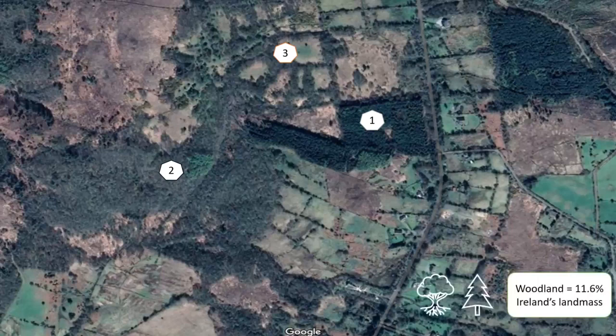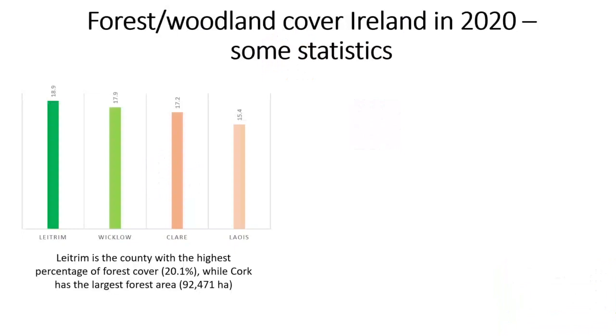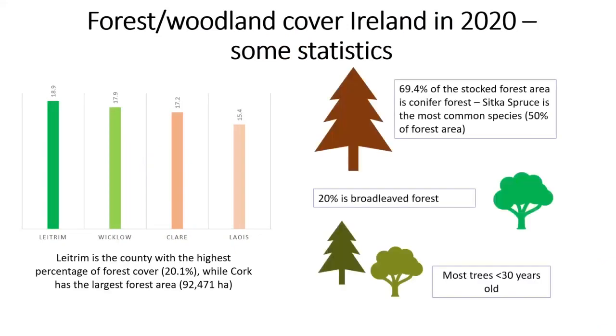In Ireland, only 11% of our landmass is characterised as woodland, and that includes plantation woodland and semi-natural woodland. There's a wonderful document called Forest Statistics Ireland, and this is from 2022. I took some statistics out just to give you an overview of woodland.